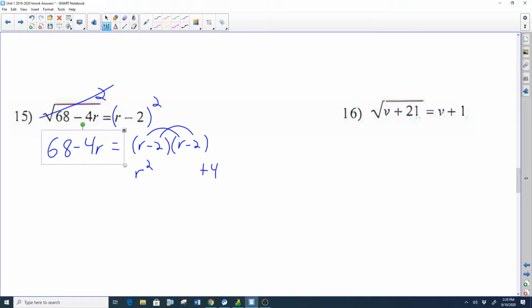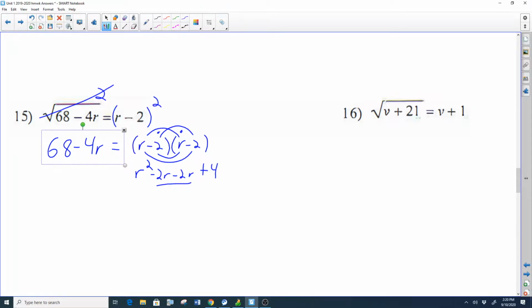But then don't forget the middle terms. So this is the eyes of our little creature. And then this is the nose, which is negative 2 times r, which is negative 2r. And then the smiley face, the mouth, which is another negative 2 times r, or negative 2r. And that's what most people miss when they do these kind of problems.